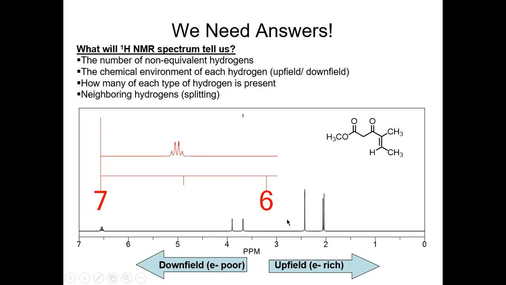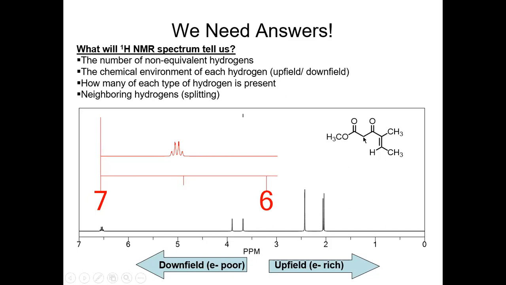So based on this spectrum, there are 1, 2, 3, 4, 5 signals. And because there are 5 signals, that means there are 5 different types of protons in this molecule. If you look at the molecule itself, you have a CH3 here. These hydrogens are going to give off a signal.